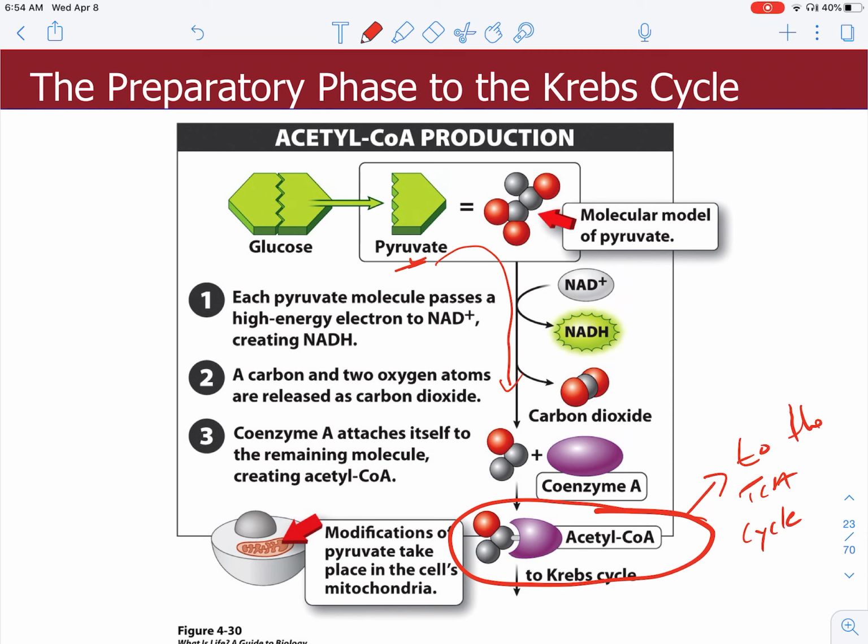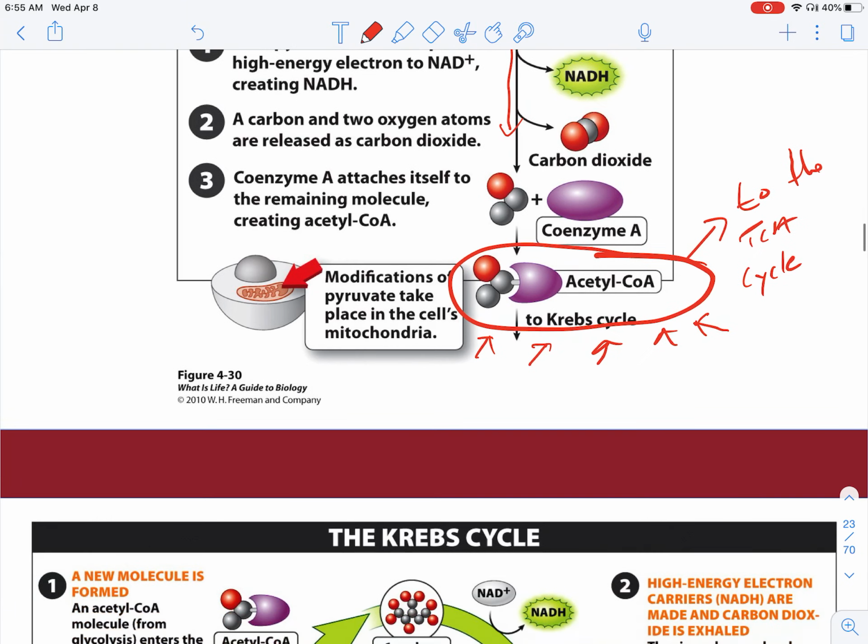Now, one of the things that we learn in biochemistry is that almost every digestive kind of breakdown that we do ends up making acetyl-CoA. And so we converge all of our catabolic activity on these acetyl groups to feed into the Krebs cycle.